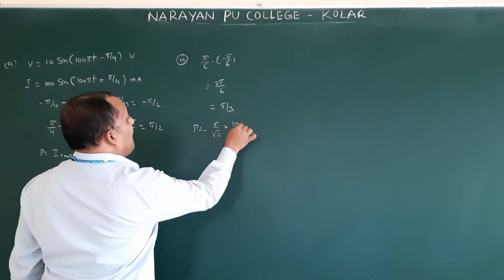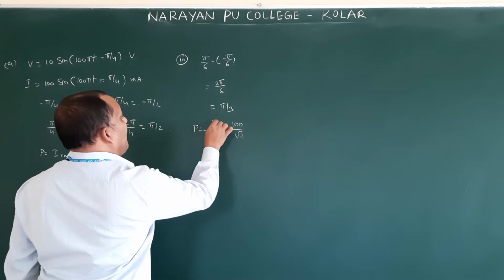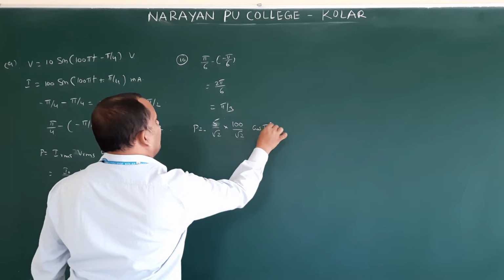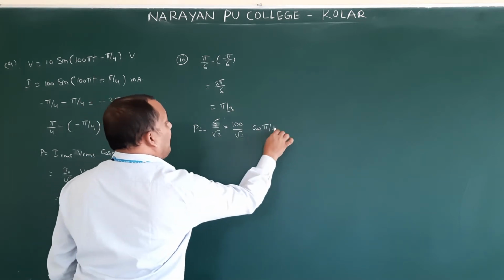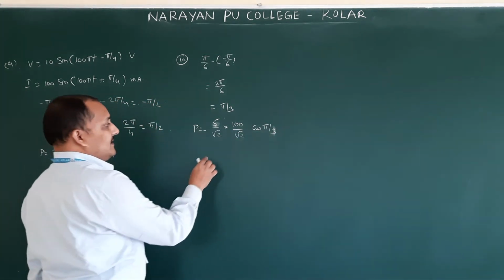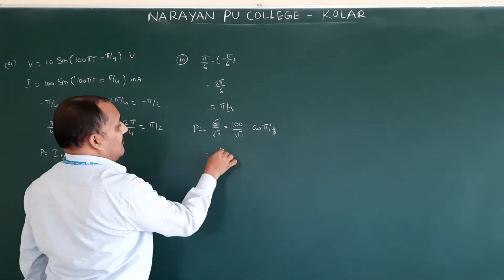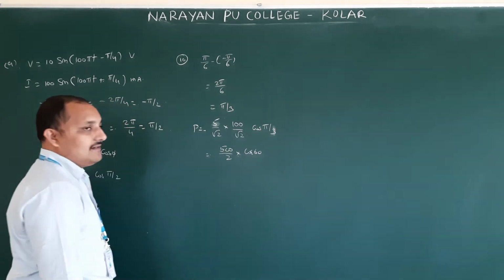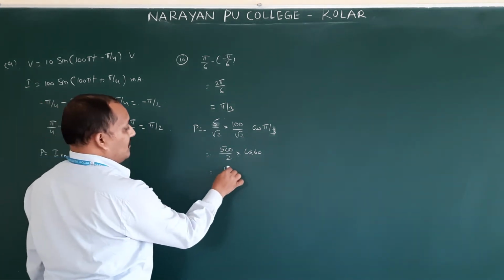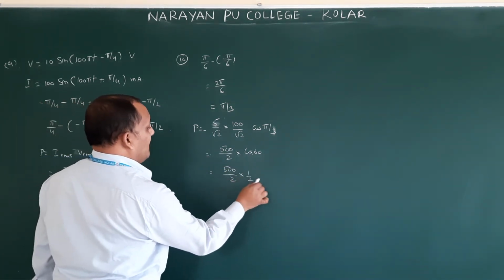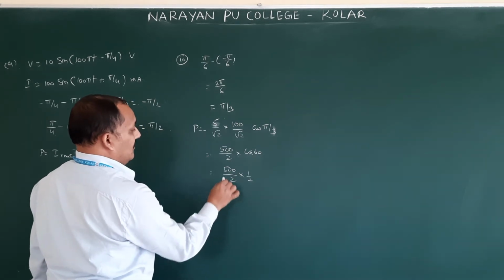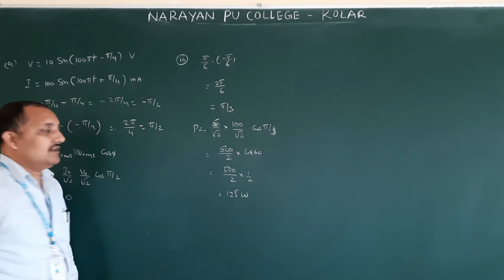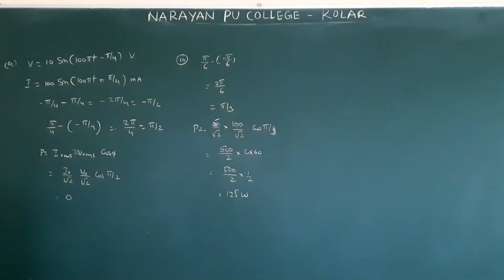So 5 by root 2, 100 by root 2, cos pi by 3. Pi by 3 means cos 60. So 500 by 2 into cos 60. Cos 60 value is 1 by 2. So 500 by 2 into 1 by 2, so 500 by 4 means 125. So 125 watts. Therefore option 4 is correct.